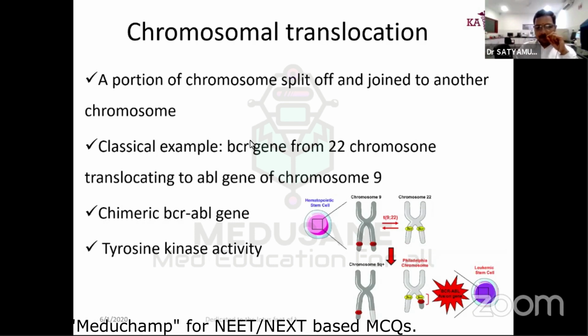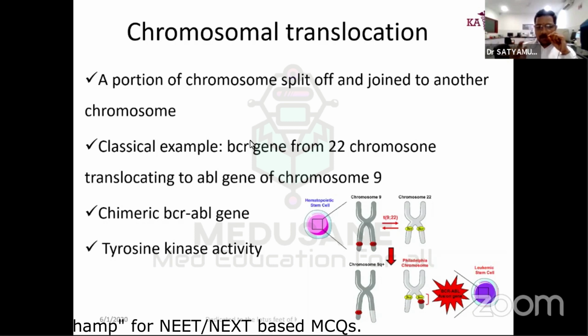If you see here, chromosome 9 has dark gray limbs, and chromosome 22 has light gray limbs. In the translocation, the 9q part of chromosome 9 is getting dislocated and attaching to chromosome 22.